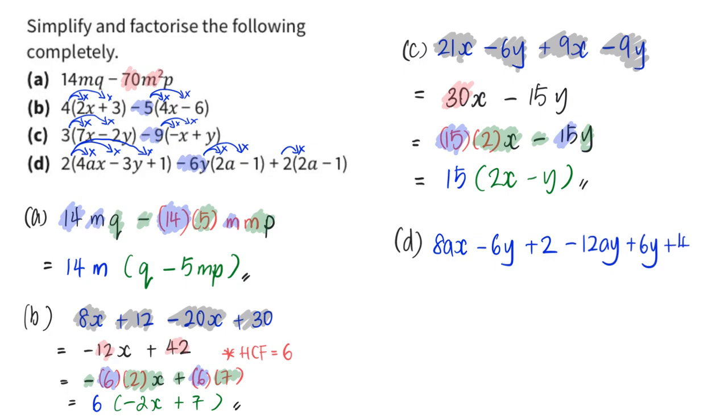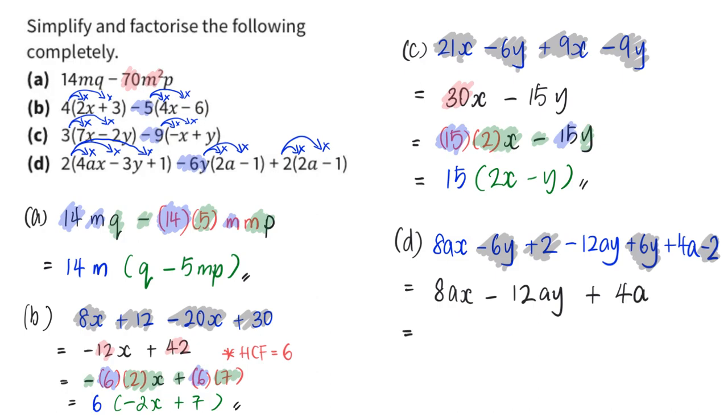So it's positive 4a, negative 2. And I'm going to simplify the like terms, okay? I saw that negative 6y plus 6y, this will give me 0. So I don't need to write anything about that. 2 minus 2 will also be equals to 0. So I'm only left with 8ax minus 12ay plus 4a.